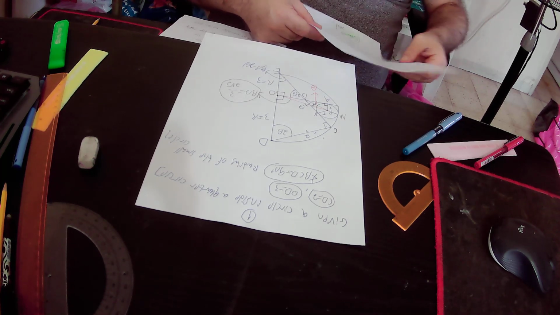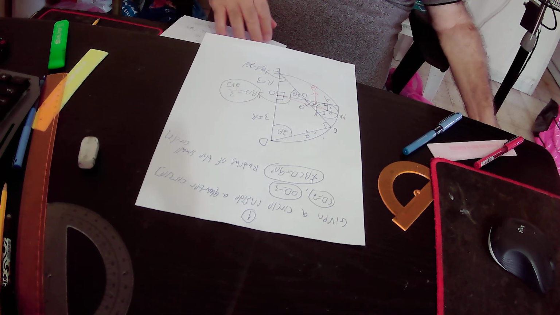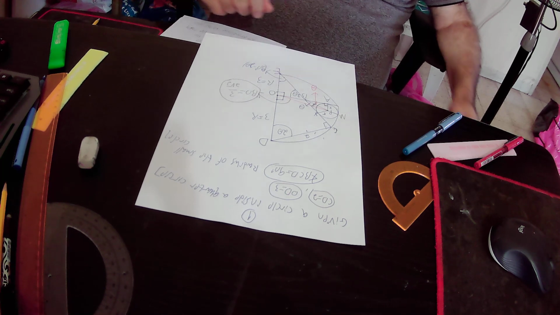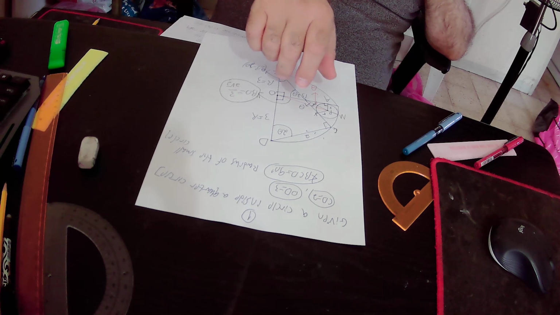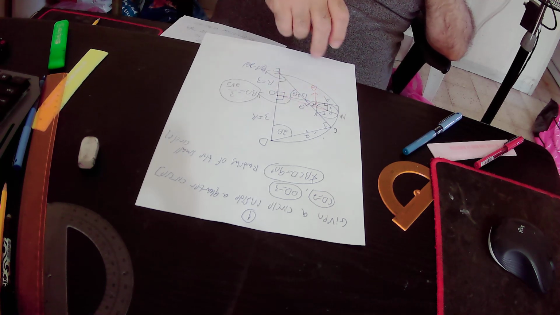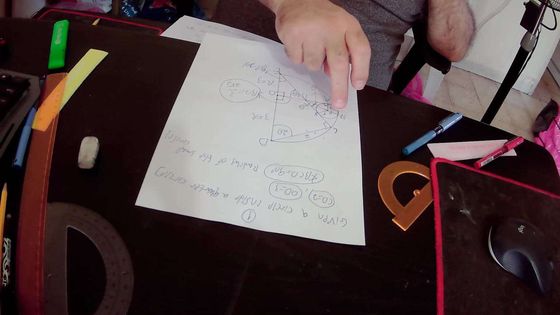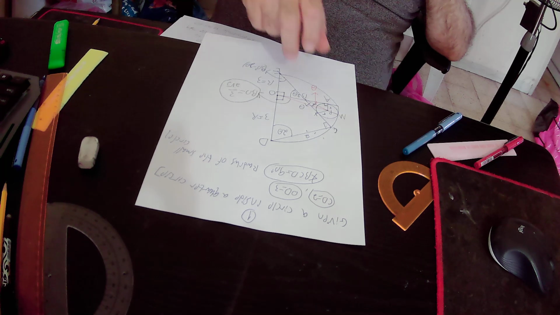And then we connected points O and P by a straight line, and then we extended line segment OP until it touches the circle at point M. And what is the value of PO?